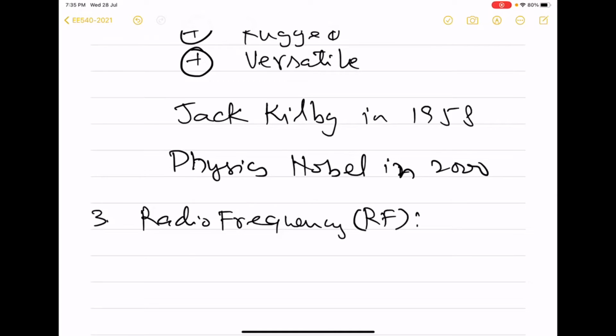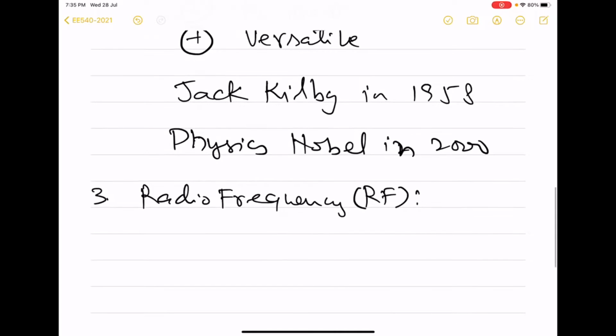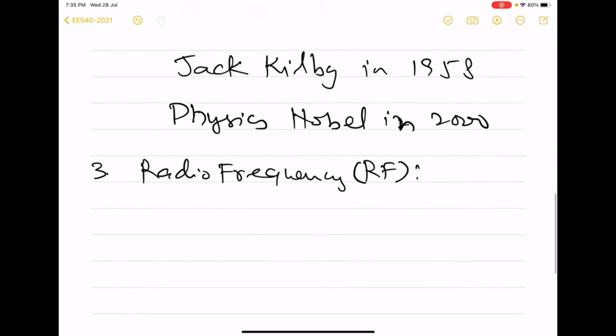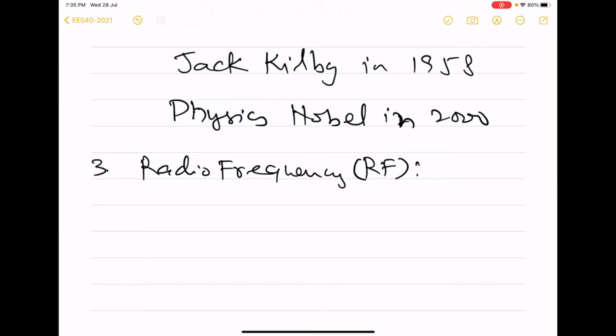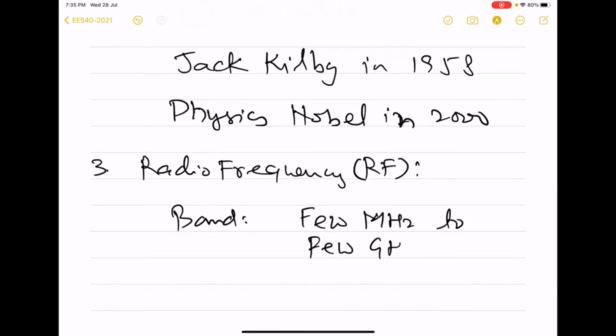Actually there is no rigorous definition of the band which can be called radio frequency. But for this course, we will typically mean a frequency band from few megahertz to few gigahertz.